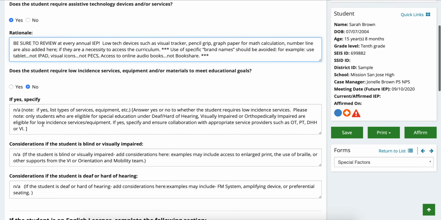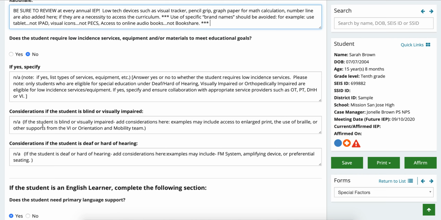All right. In terms of considerations, if the student is blind or visually impaired, you want to look at things such as, do they need enlarged print? Do they need the use of Braille or other supports from the VI or orientation and mobility team? In terms of deaf and hard of hearing, same thing.